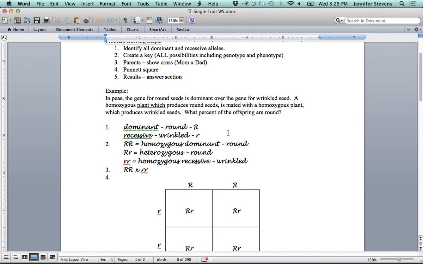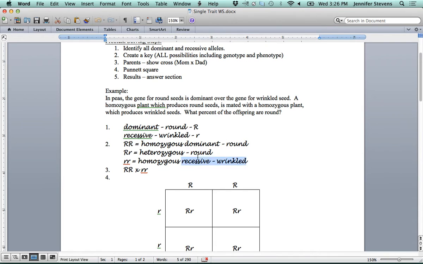Now again, you guys may not like these first two steps, but what I find is if you don't use these two steps, then you mess up the next one when you're picking out the parents. Now, this next sentence tells you about the parents. A homozygous plant which produces round seeds. So homozygous, round. So the first parent is this, big R, big R, is mated with a homozygous plant which produces wrinkled seeds.